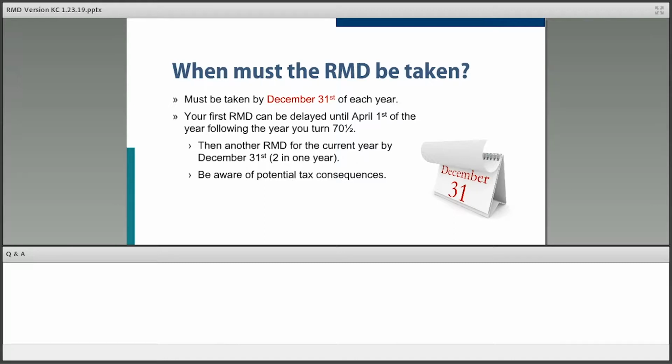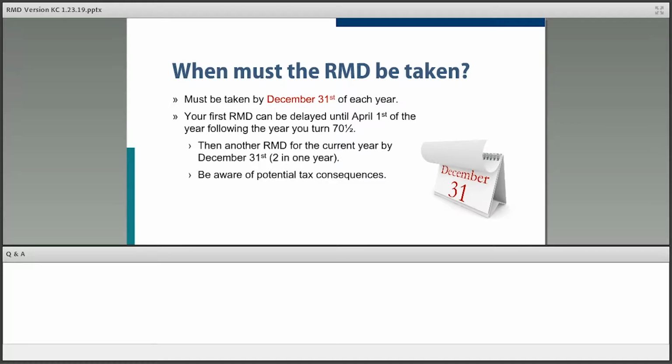When you turn age 70 and a half, your first required minimum distribution can be delayed until April 1st of the year following the year you turn 70 and a half. So in other words, if I was turning 70 and a half this year, I could delay taking my first minimum required distribution until the next year.